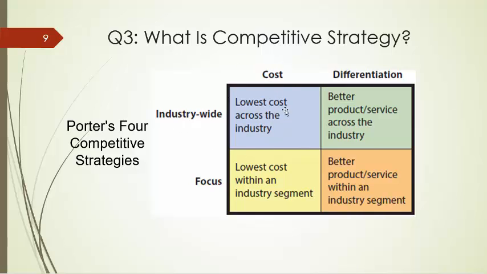So an example of a low cost across the industry would be, say, Walmart. So that's their strategy. So in all of their decisions and all their practices and their culture, it's low cost. So when they look at wages of their employees, it's low cost. When they look at warehousing, what can they do to make that low cost? When they look at transporting those goods to the stores, it's low cost. When you're setting up checkout lines, it's low cost.